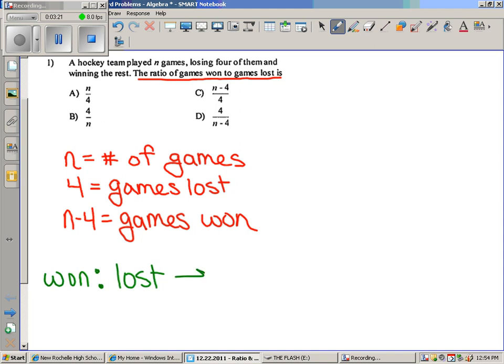That's the same thing as won to lost, which is also the same thing as, what expression did I use for the number of games won? N minus 4. Excellent. And what about games lost? 4. And there's our answer.